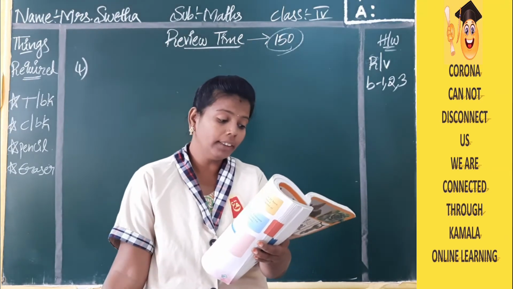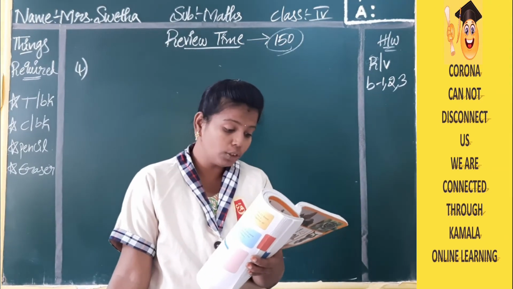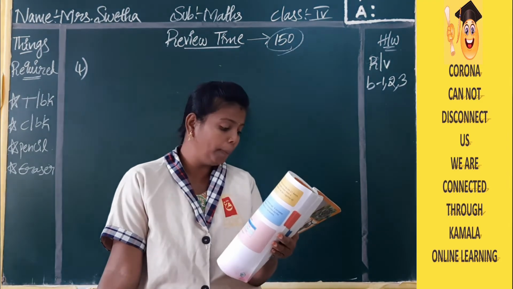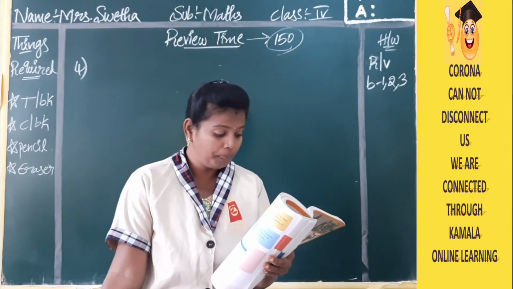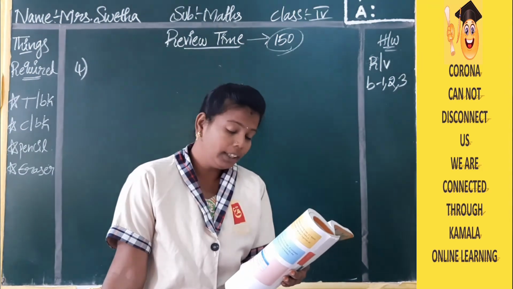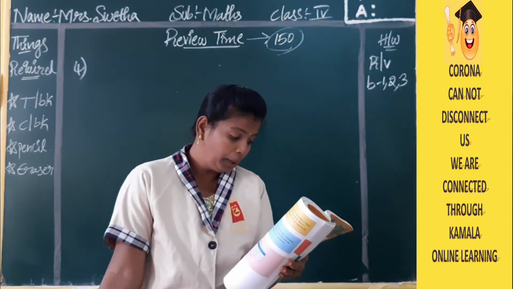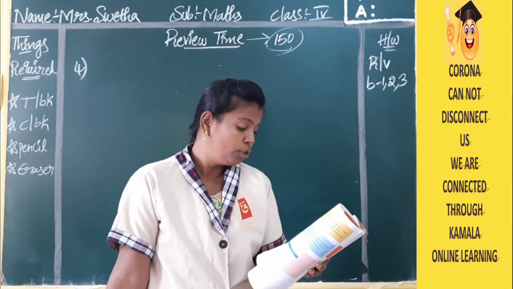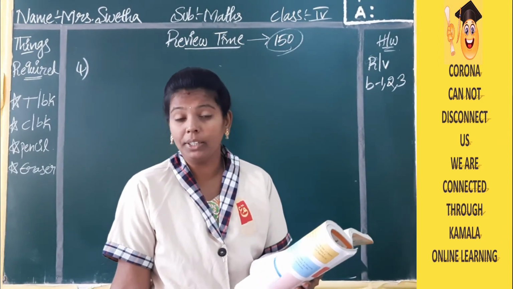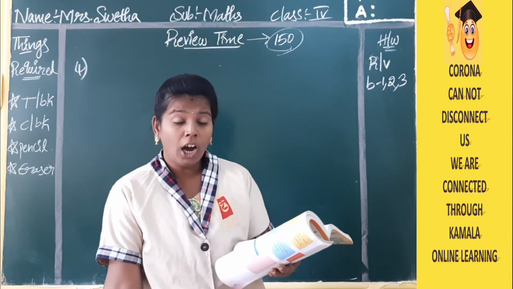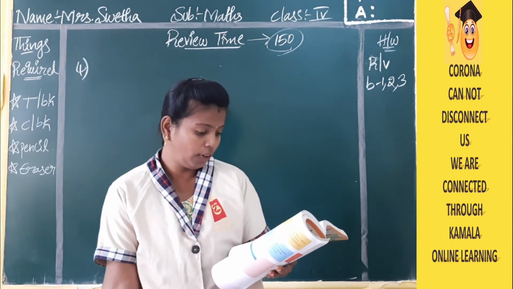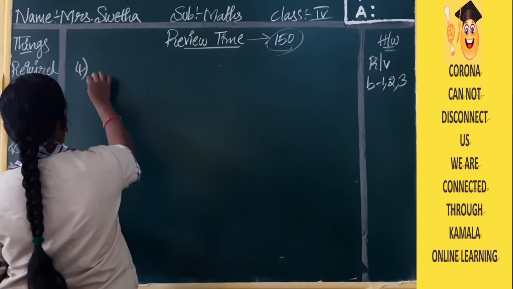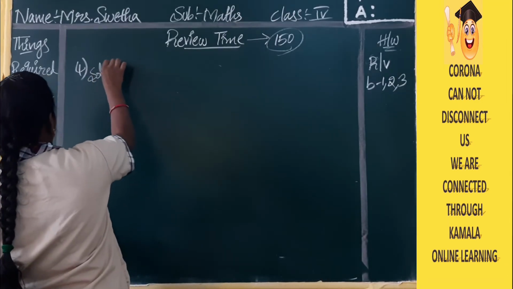Deepika took 1980 minutes to paint a portrait. How long will she take to complete 45 such portraits? So to paint a portrait, Deepika took 1980 minutes. To complete 45 portraits like that, how many minutes will she take? Here also you have to multiply and find. Solution for the fourth one.